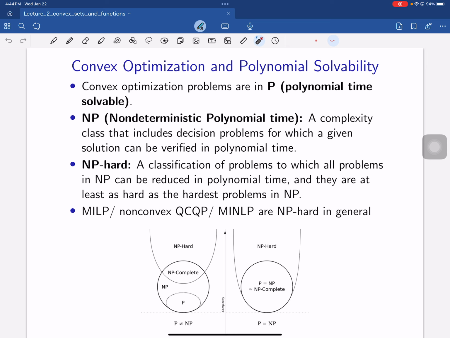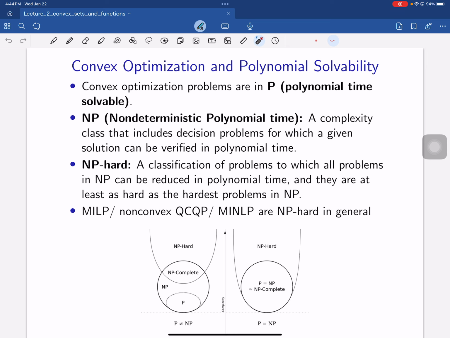If you feel P is not equal to NP, which is this left diagram here, then you can argue that convex optimization is really different from the rest of the optimization problems. Non-convex problems, such as mixed integer programming, non-convex QCQP, and MINLP, have been proved to be NP-hard in general, but convex optimization problems are polynomially solvable.